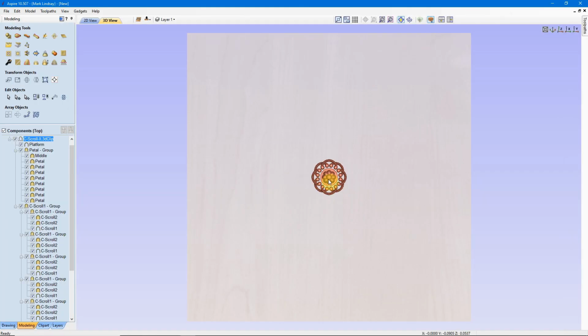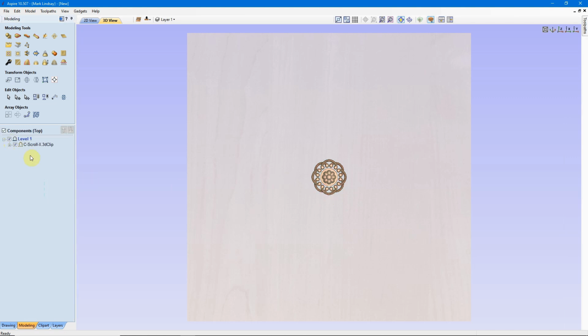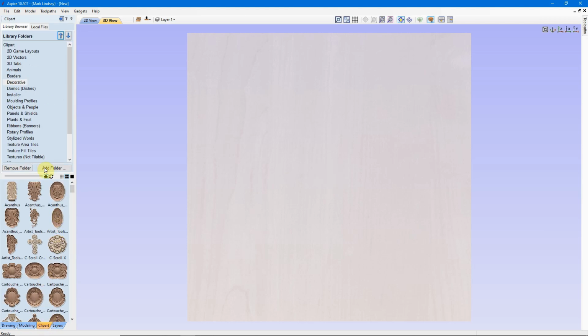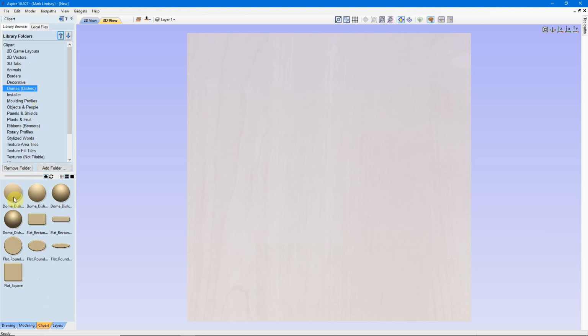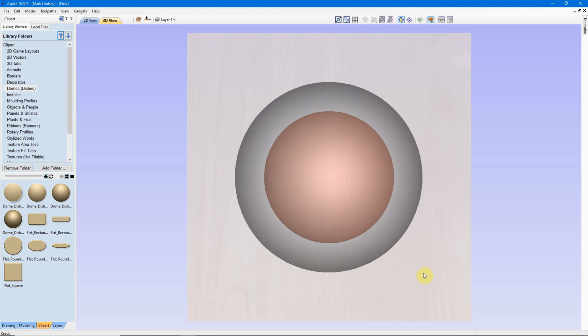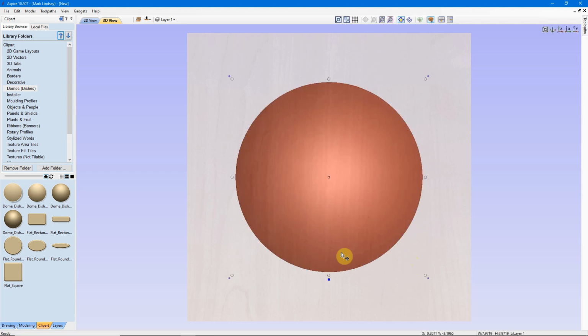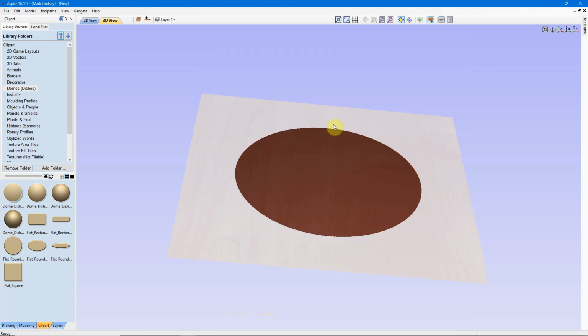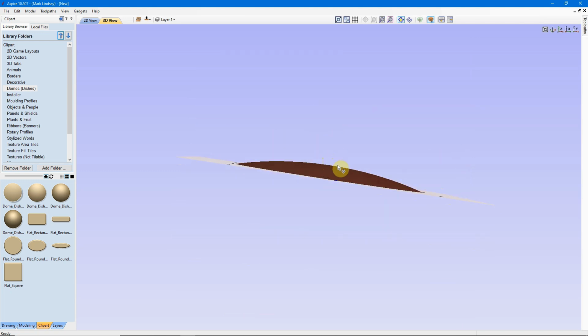If we take a look at something like this, something this small, then yeah, I can see maybe needing that level of detail. But if we delete that, come into our clip art, and go into a dome, and we make this pretty large, there isn't even a need to use a 1/16 of an inch tapered ball nose to carve this.